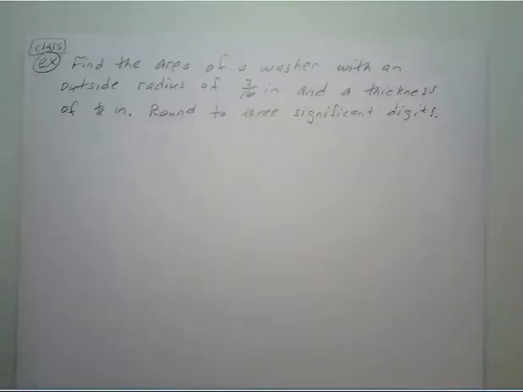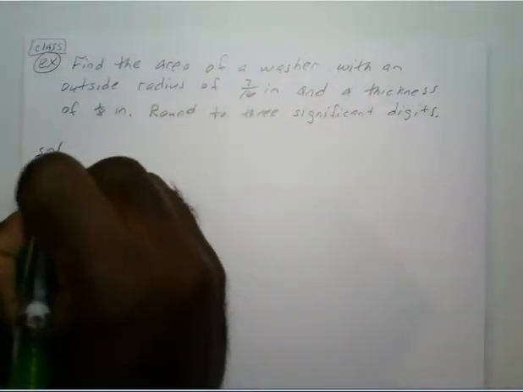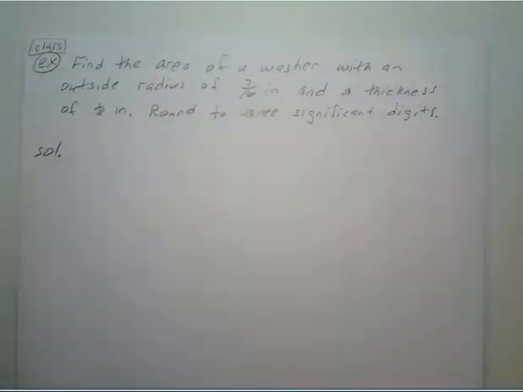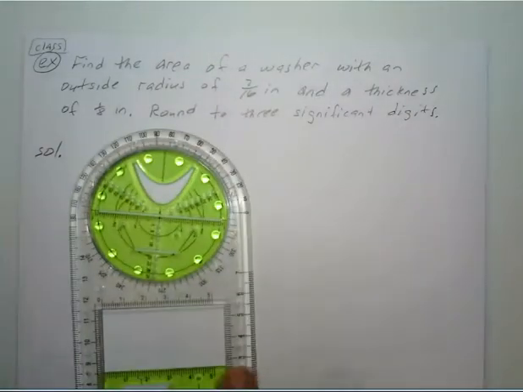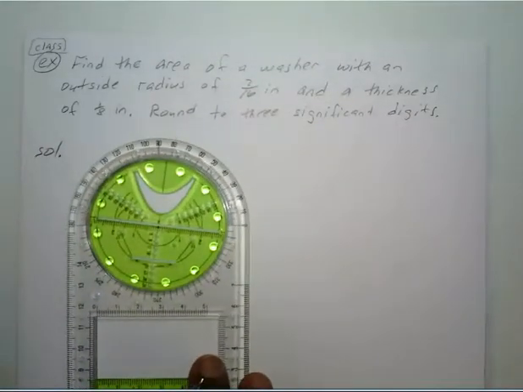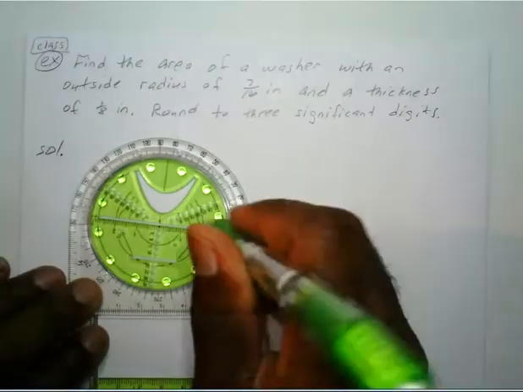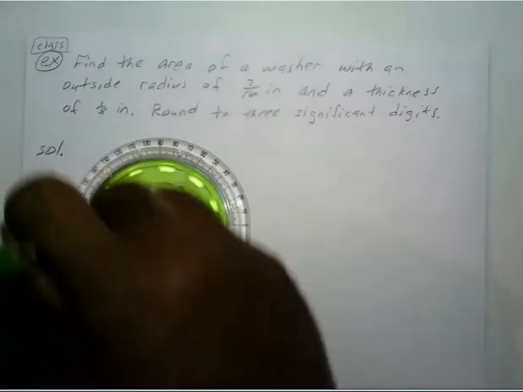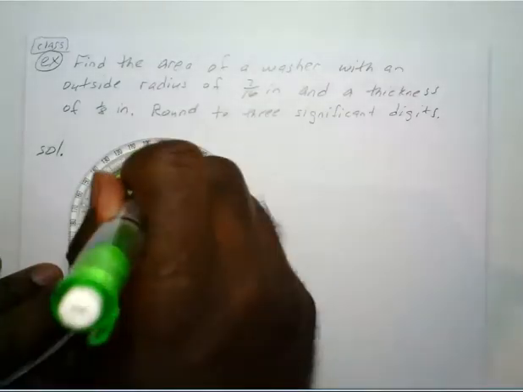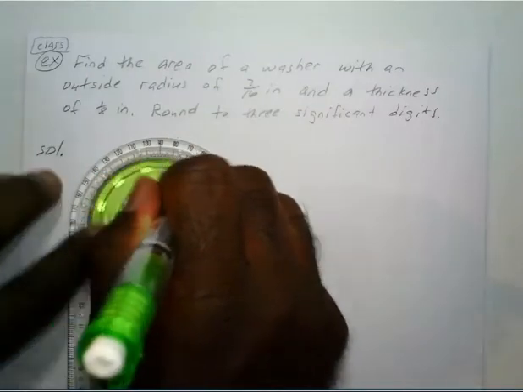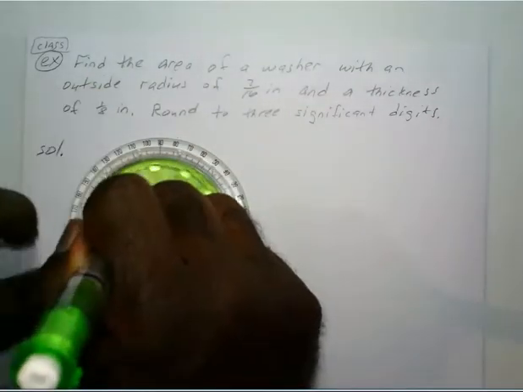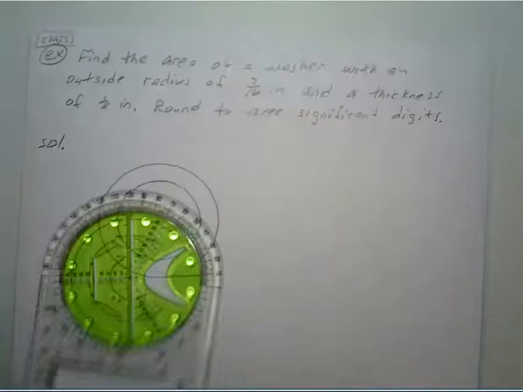All right, so I'm assuming you've gone ahead and pressed pause and finished this up. So let's go ahead and verify your answer. Let's draw our circle, and let me draw the inner radius. There we go.